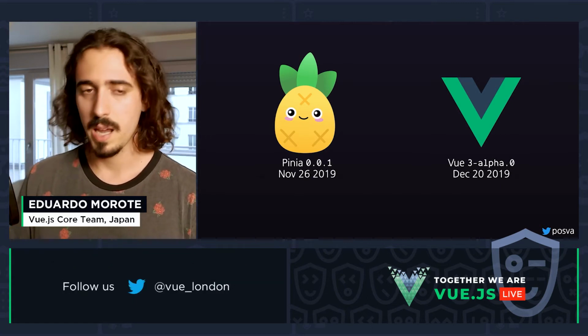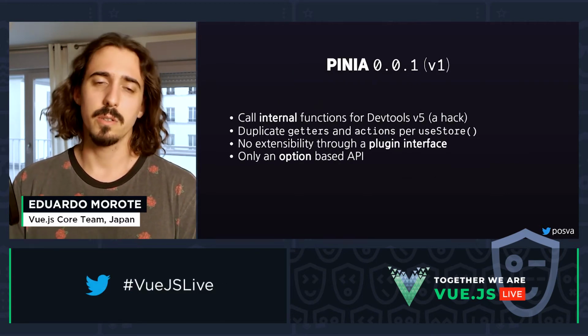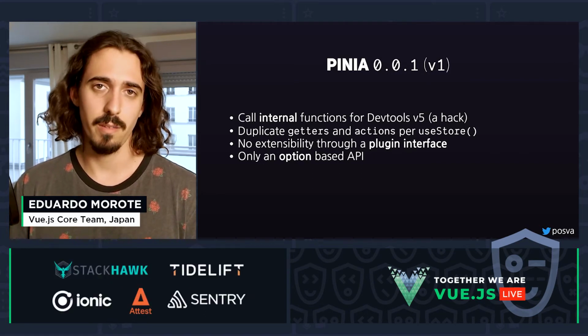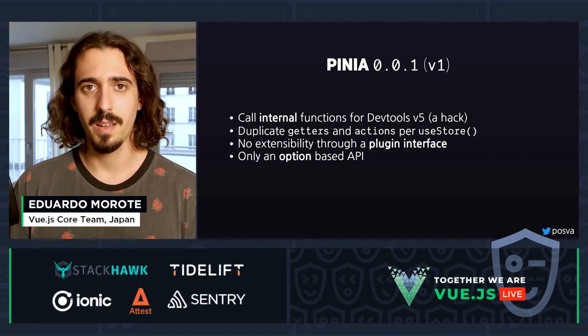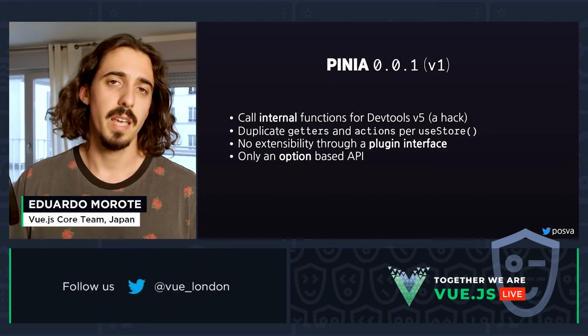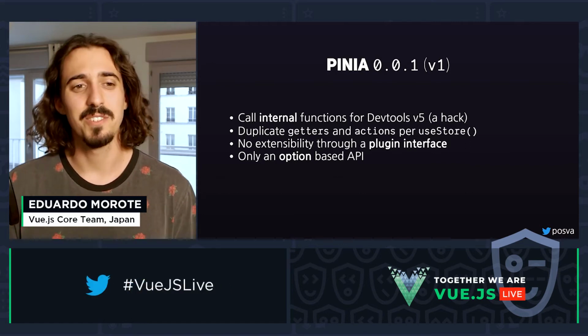And at that time, things were very different from now. It was calling internal functions of the DevTools v5. So that was pretty much just hacking around the non-public API of the DevTools, so I could display mutations and the state in the DevTools where Vuex was supposed to display its information.